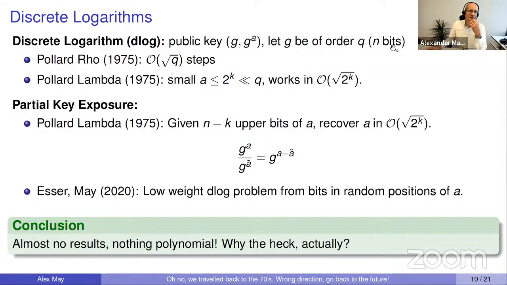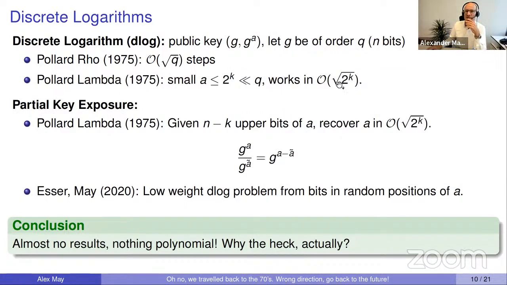Okay, and then there's the well-known Pollard rho algorithm from 1975, and its complexity is the square root of this order. So you have a square root algorithm, it's an exponential algorithm, and there's also a small secret variant, yeah? So if your secret is small, so think of the Wiener and Boneh-Durfee attacks, let's say it's k bits, much smaller than q, then this Pollard lambda algorithm, which is in the same work of Pollard, works in square root of 2 to the k.